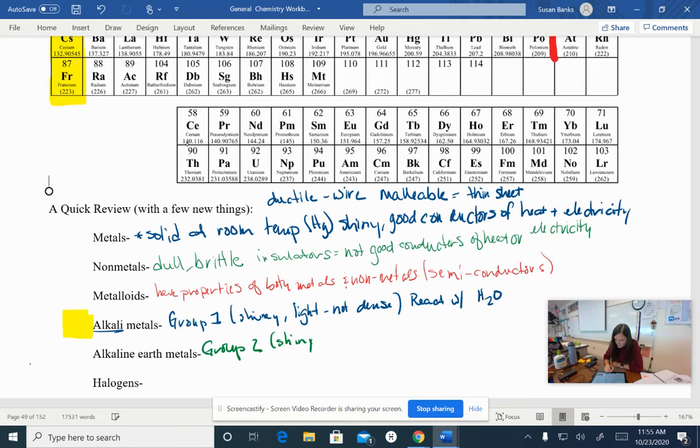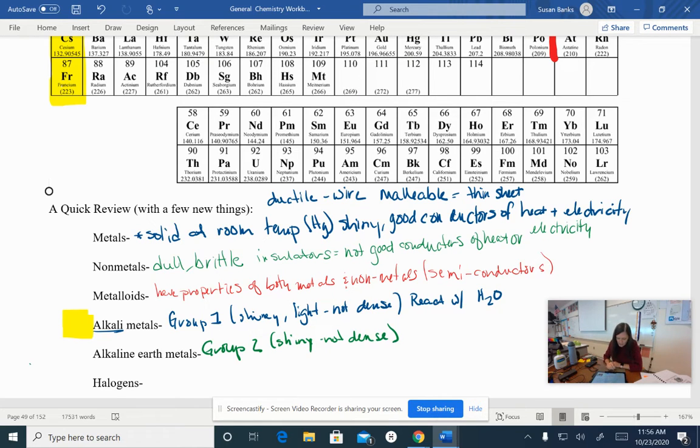They're shiny, and they're not super dense either. They don't react nearly as strongly with water, but they do react pretty well with a lot of what we call earth things, and they make a lot of the compounds that we use every day.